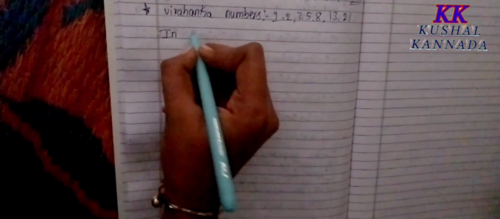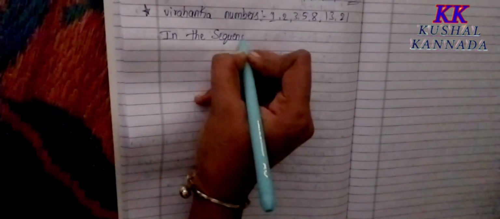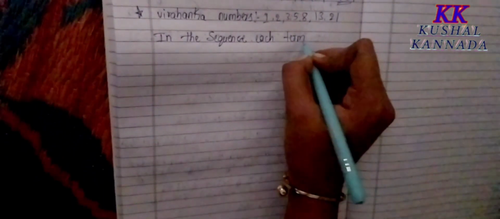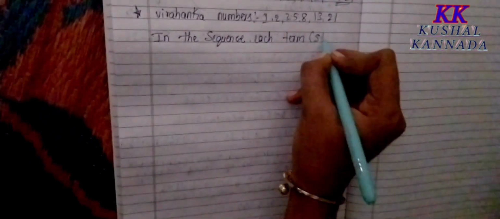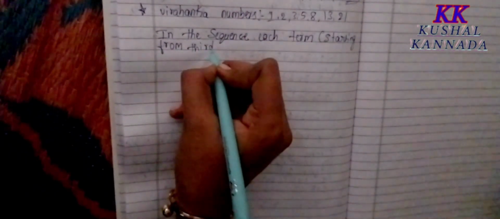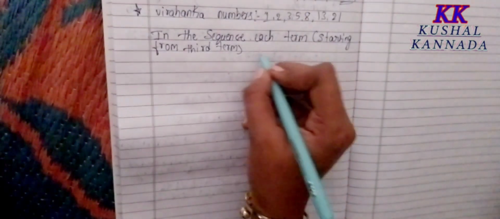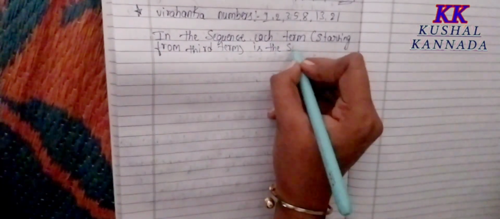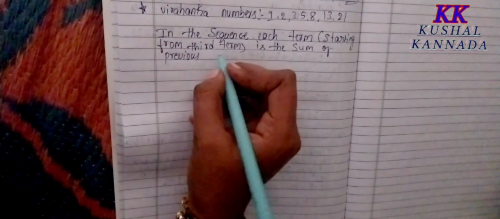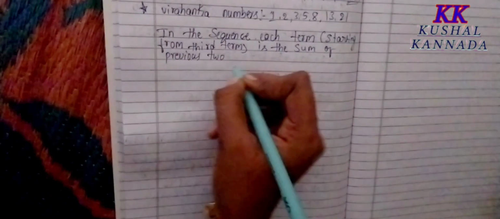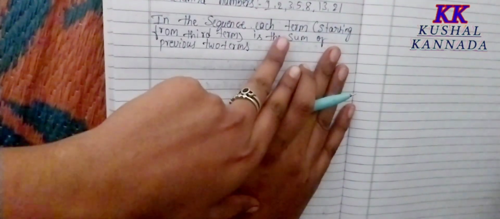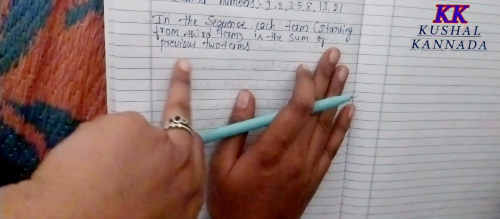In the sequence, each term starting from the third term is the sum of the previous two terms.